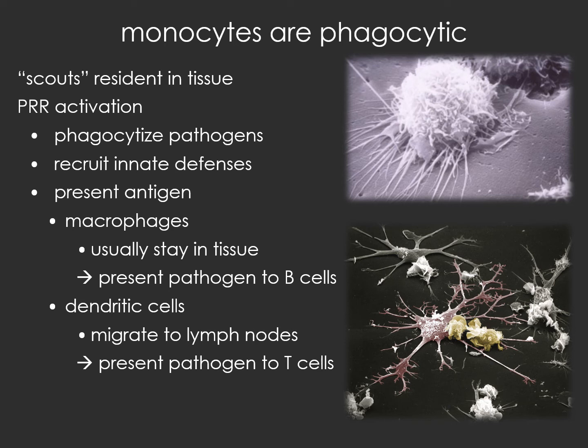Now, a very black and white understanding of macrophages and dendritic cells begins with a very black and white thought about what they look like. So we have two pictures here. The upper picture is actually a macrophage, and that is like a beautiful textbook, amazing example of a macrophage.